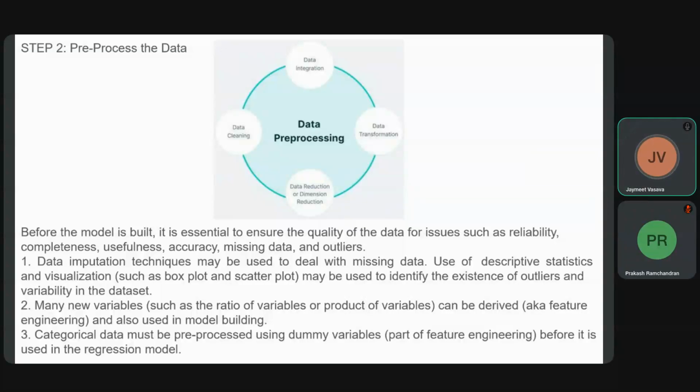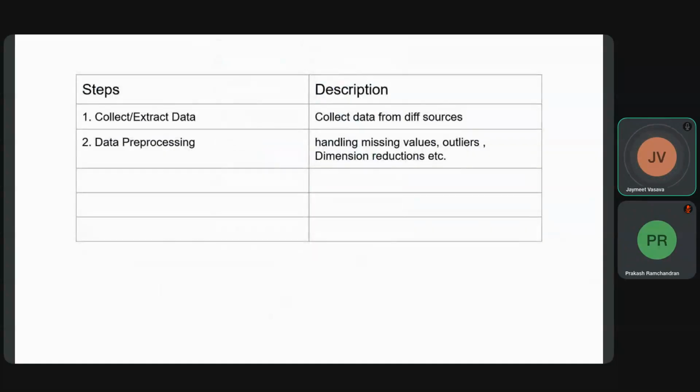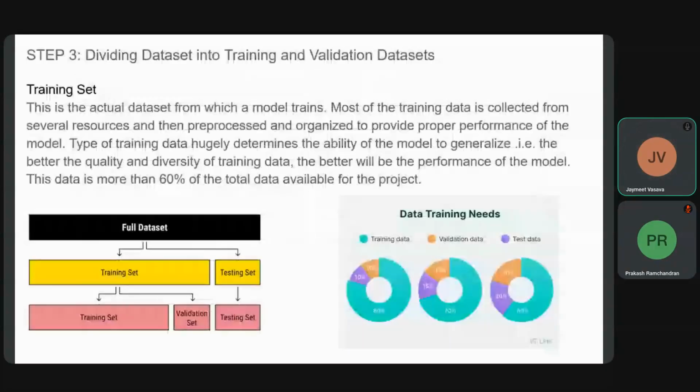That is the way we can use categorical values for a regression model. So the two steps we have discussed till now are collecting or extracting the data and data pre-processing.